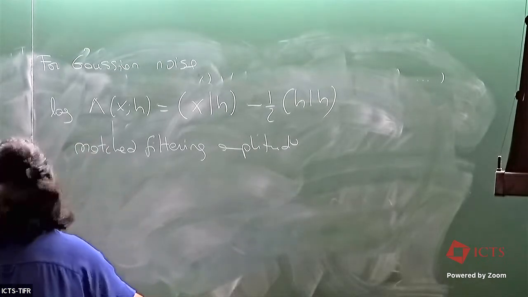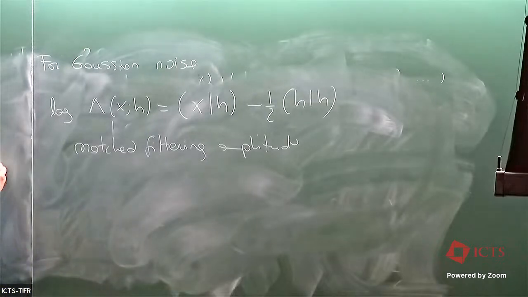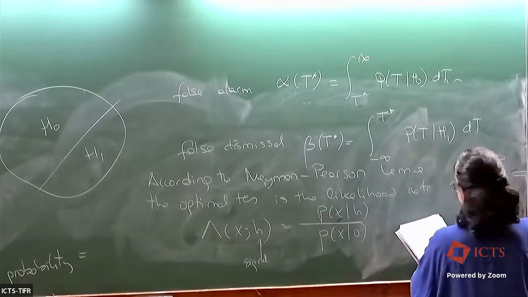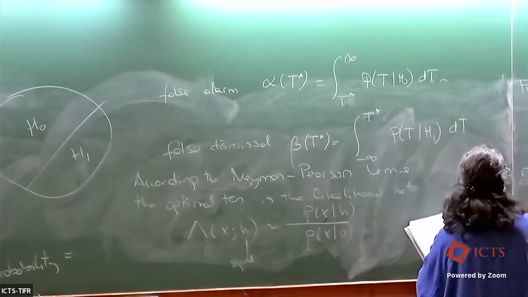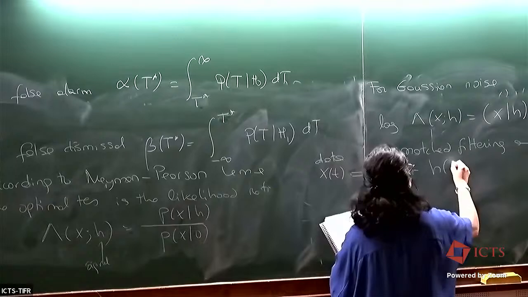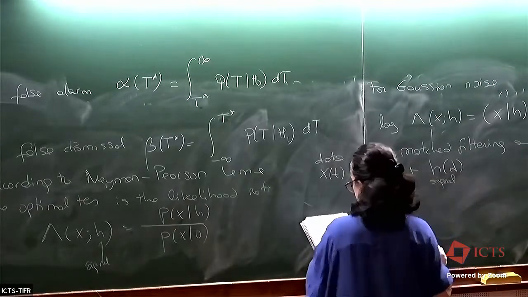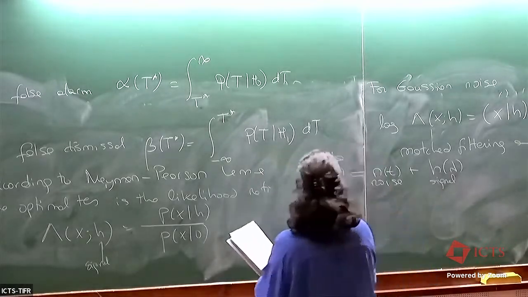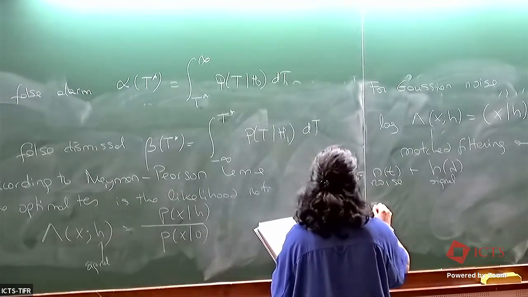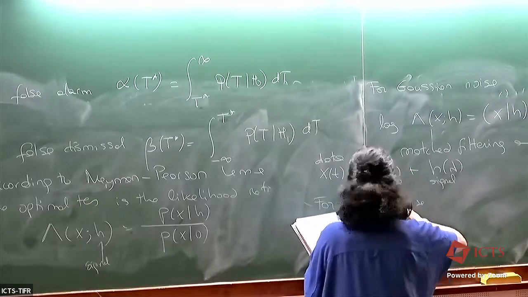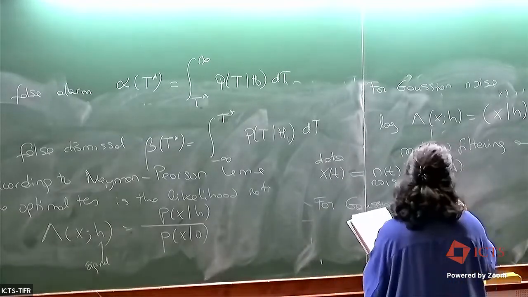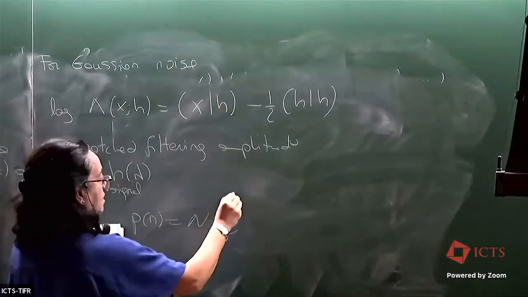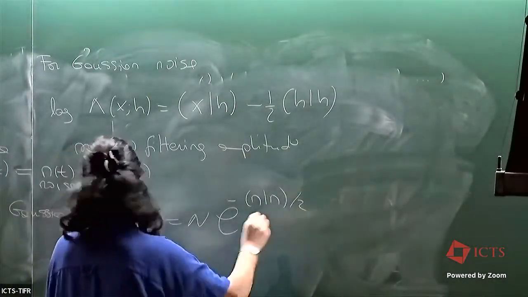So basically, the way it goes, if I say that x of t, that is the data, is a sum of the noise plus a certain signal that depends on a number of parameters, what we have for Gaussian noise is that the probability of the noise is proportional to e to the scalar product of the noise by the noise divided by 2.